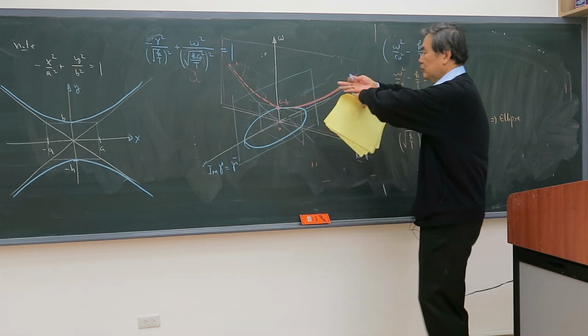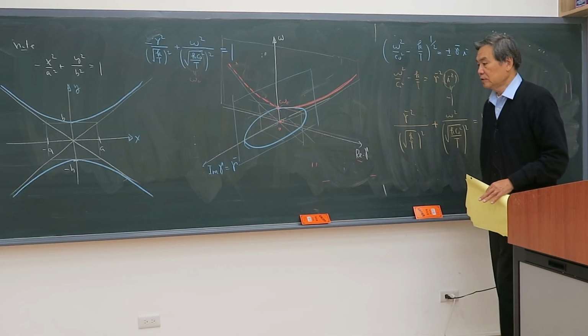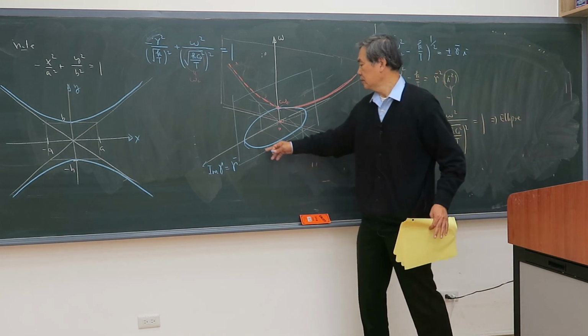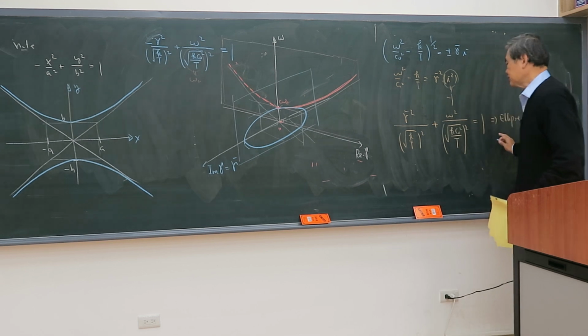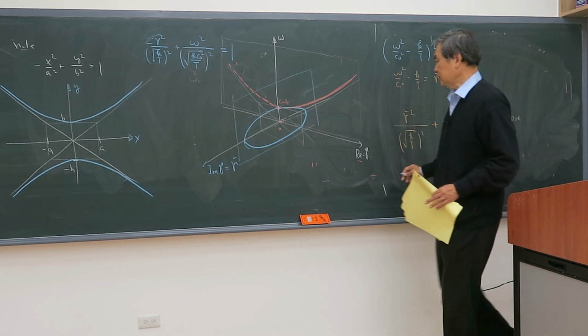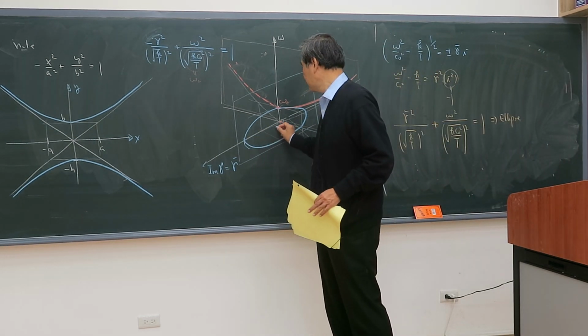So we put them close to each other. So this is the imaginary part, this gamma bar with omega, this ellipse.